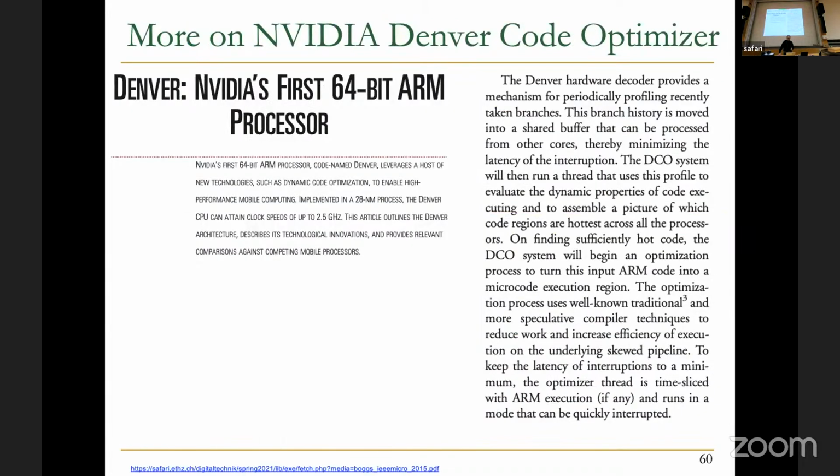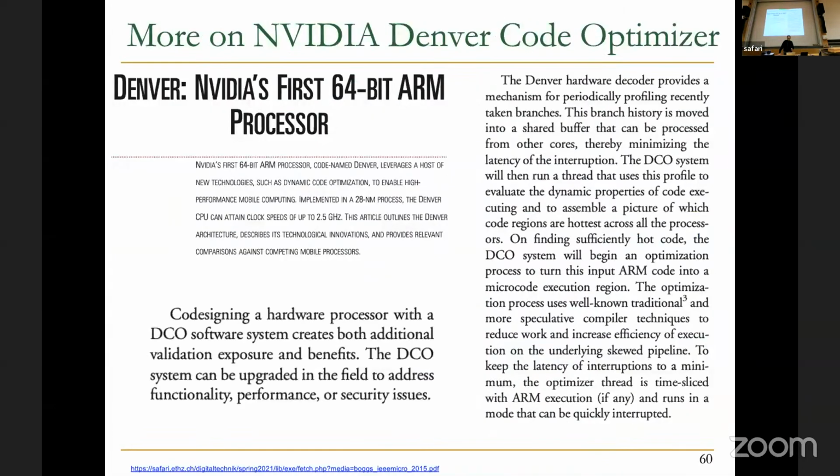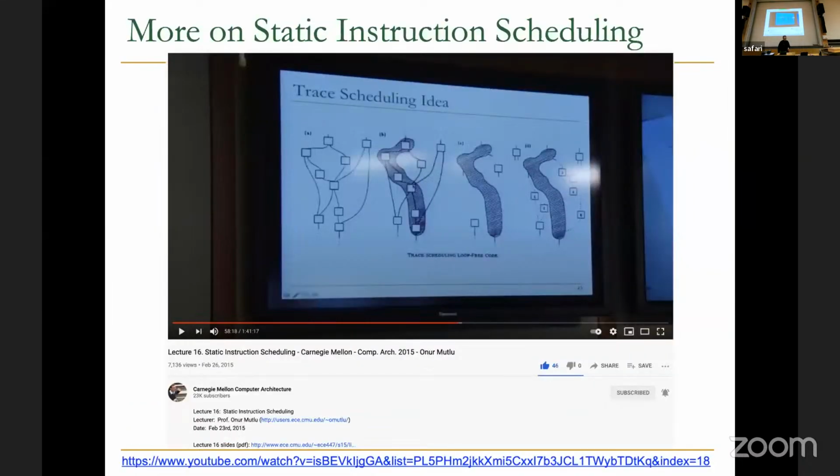This idea, used in NVIDIA and also in Apple, had its key insight much earlier, in 2000, in the Transmeta processor, where you have an x86 layer as the higher level, but a VLIW engine underneath, with a low-level ISA that you compile your code to. If you are interested, I would suggest that you watch this lecture also.